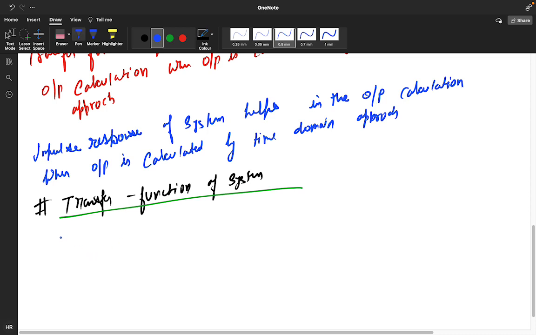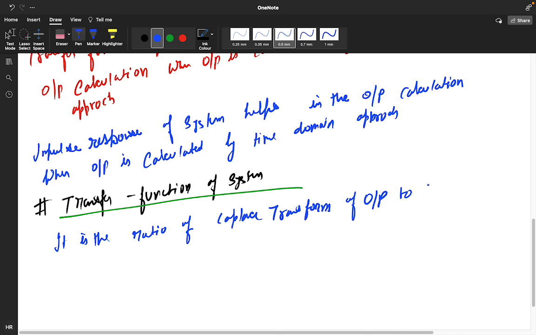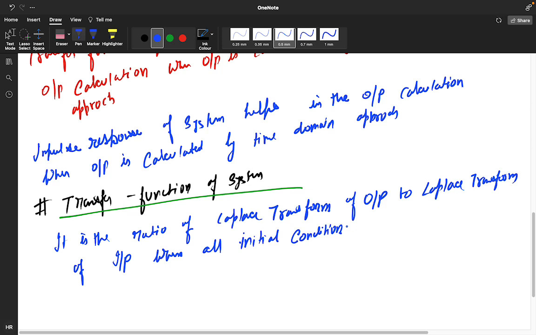It is the ratio of the Laplace transform of output to the Laplace transform of input when all initial conditions of the system are 0.